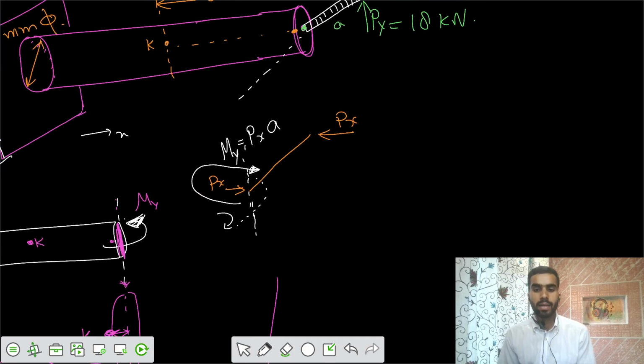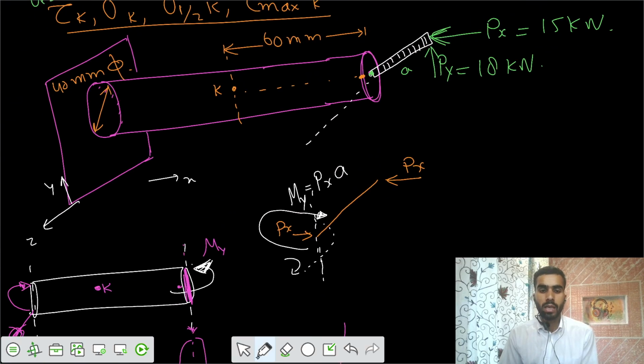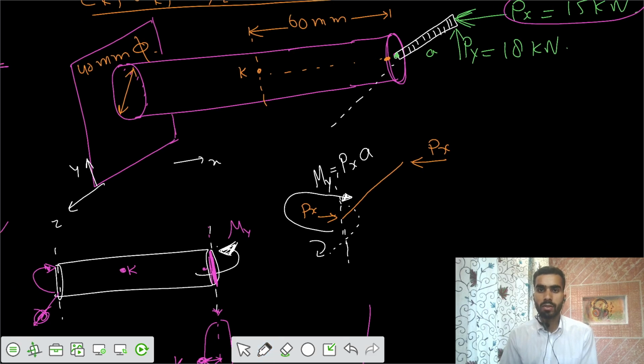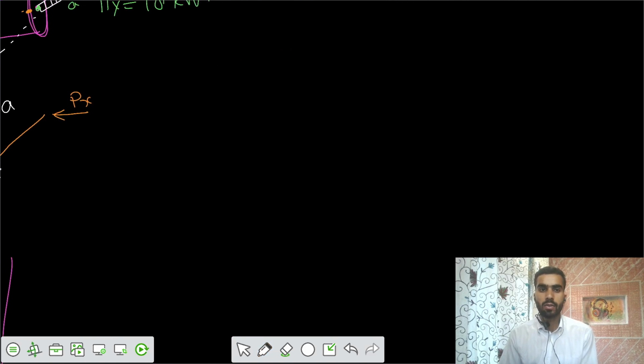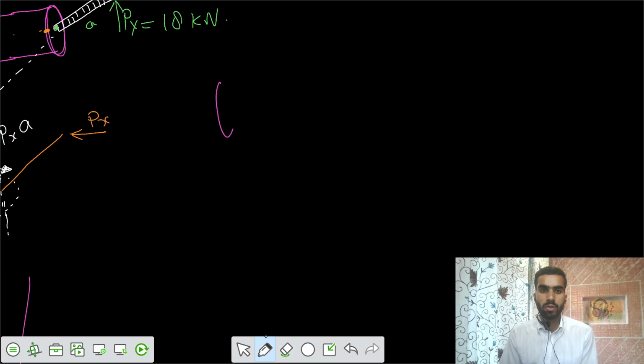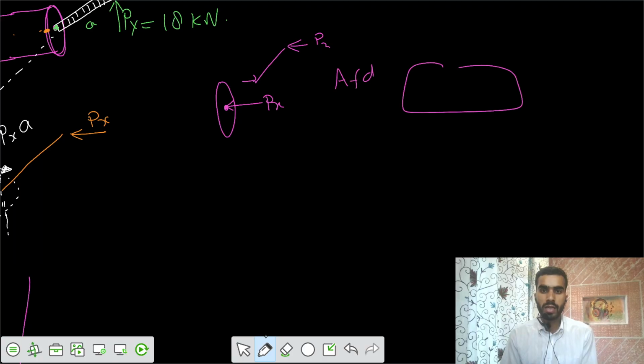Now the thing is that once you transfer the effect of that moment, the load is also getting transferred to the axis, so Px is also transferred to that axis. If this was your section, and the bracket plate was here, you applied Px here, and the same value of Px would be transferred to the center. If you draw the axial force diagram, that would be a compressive stress diagram, with a minus sign.